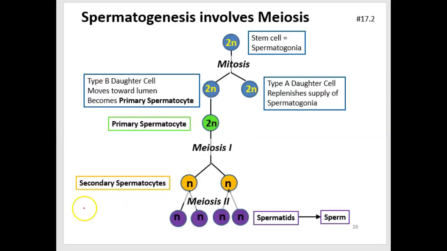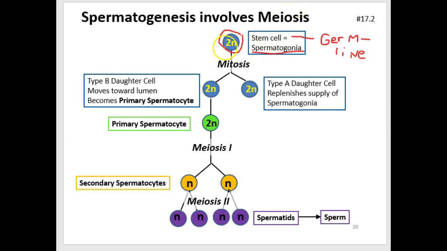Okay, so spermatogenesis, the first step, involves what I've always called a germline cell, which is a stem cell. It involves a germline cell becoming a spermatogonia, or spermatogonium, I should say. This is really a stem cell, and it is diploid, and it has the potential to become a sperm, but right now it's undifferentiated.